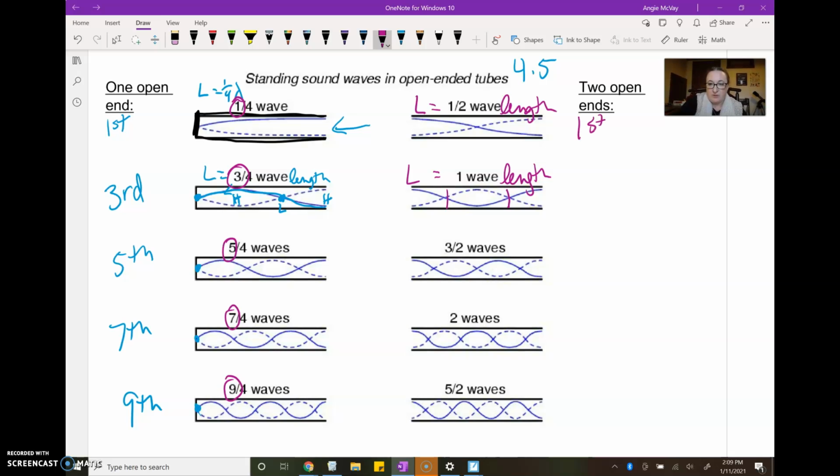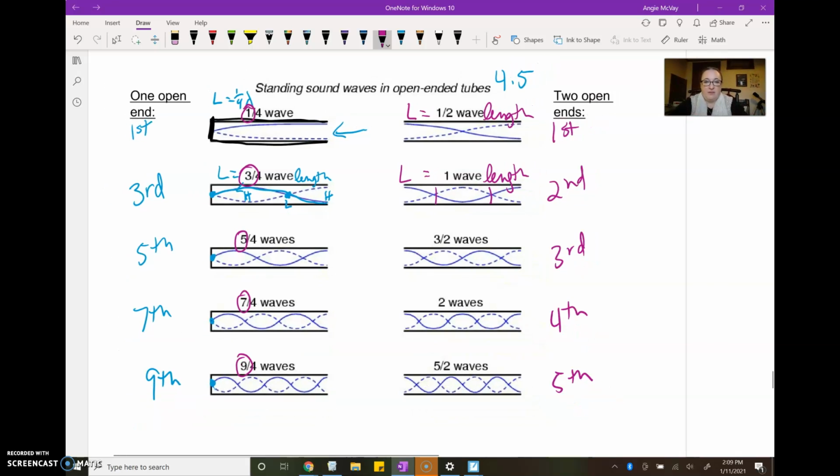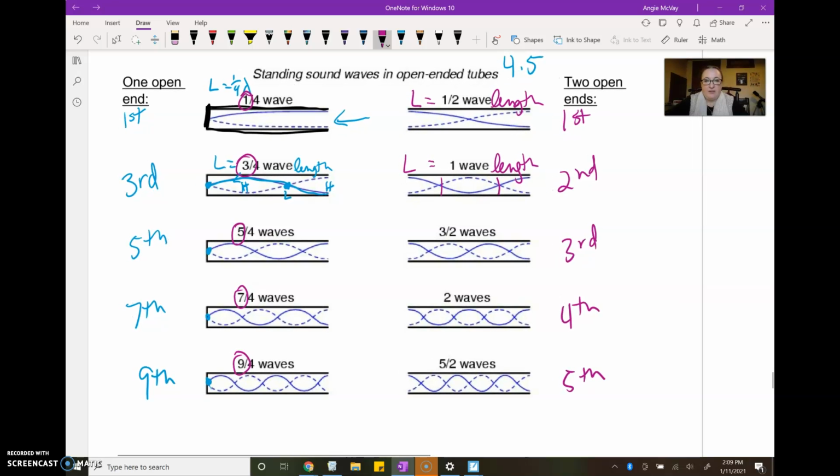So it's first, second, third, fourth, fifth. Okay. And so the type of problem that they would give you with this is they would say, all right, let's say we've got 2 open ends, and the length of the pipe equals 50 centimeters or 0.5 meters.